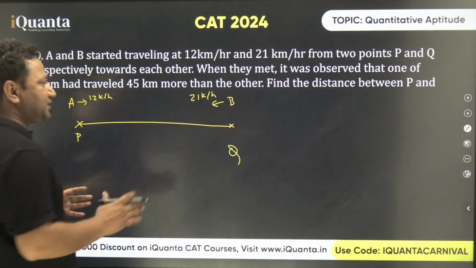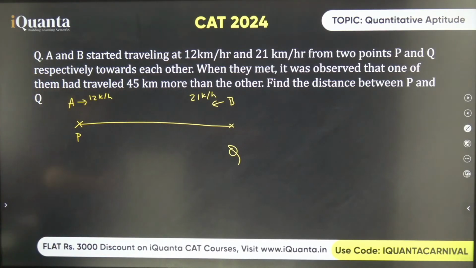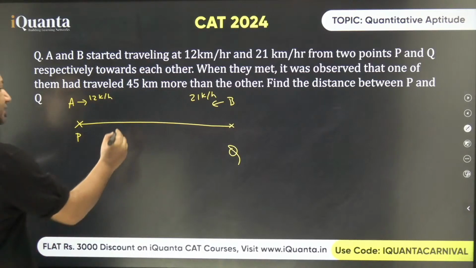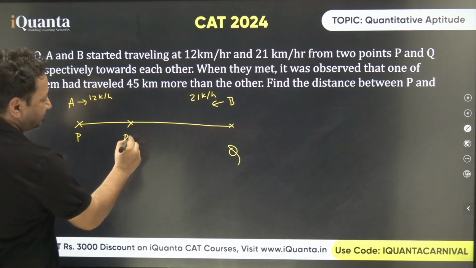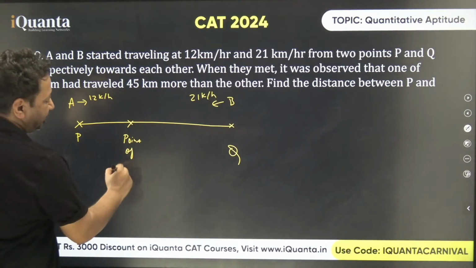By the way, tell me something. Who is running faster? B. So who will be traveling more distance? Of course B. So let's say this is the point of meeting. थोड़ा ज़्यादा होगा ये. This is the point of meeting.